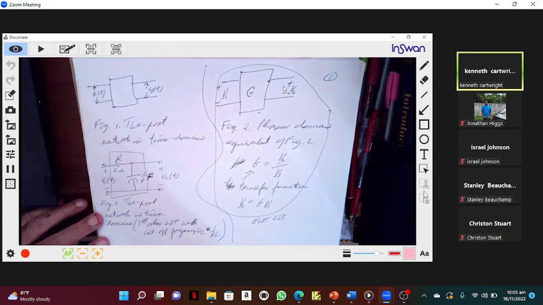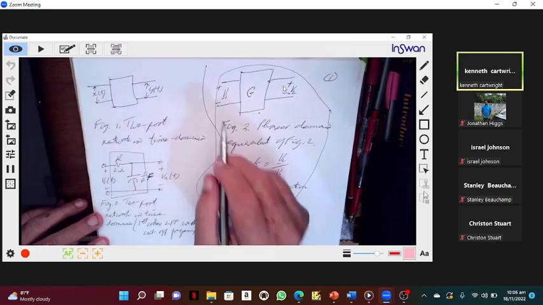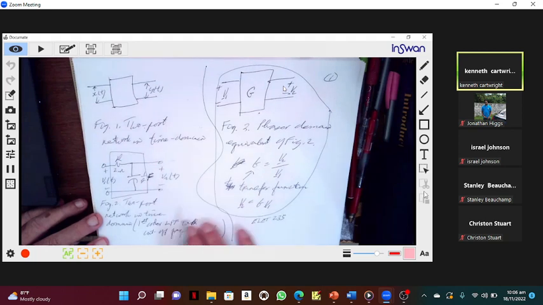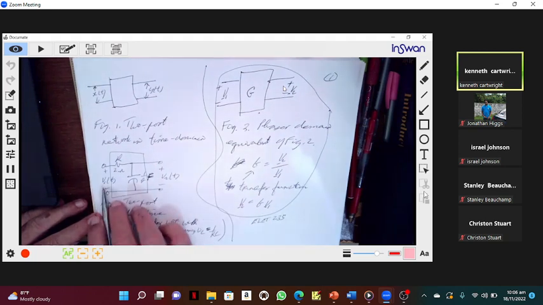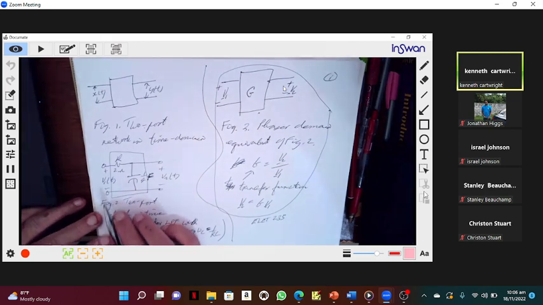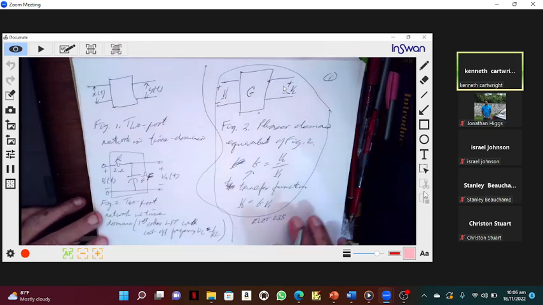Now let's come to today's class. The input is no longer a sinusoid. The input could be any function, but we convert to Laplace.